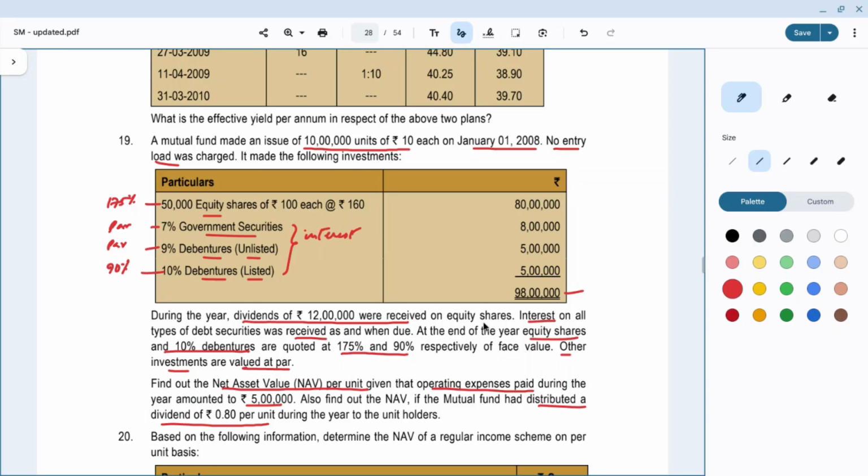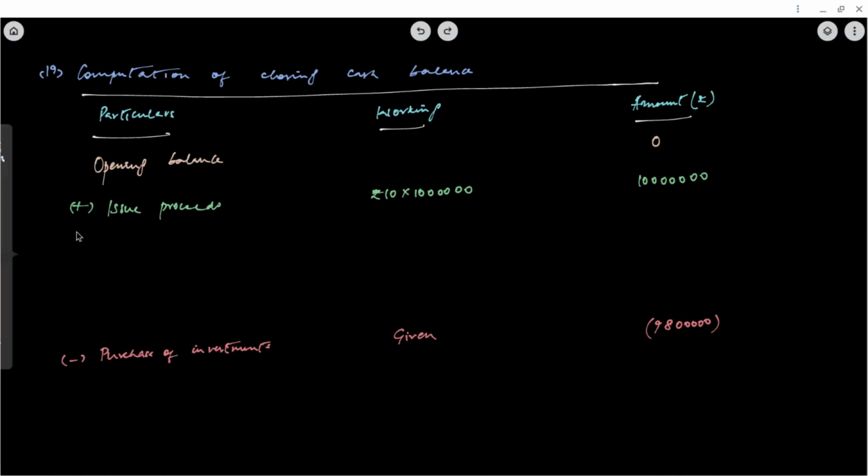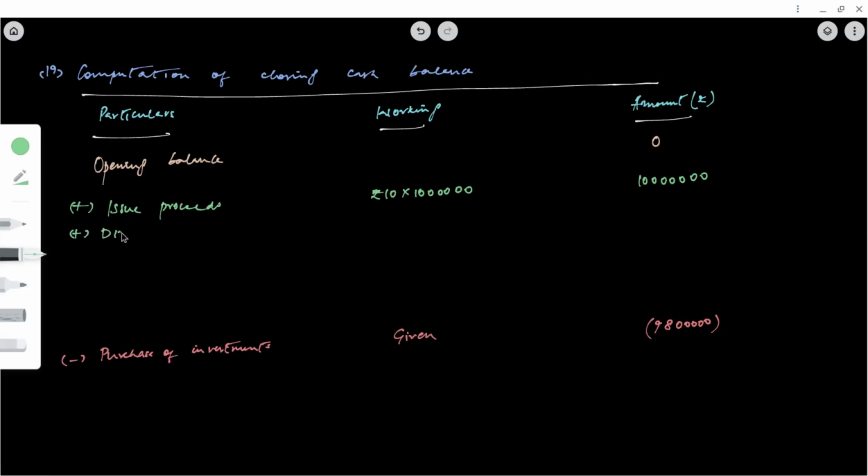Next, during the year, dividends of rupees 12 lakh were received, and interest on all types of debt securities was received as and when due. Dividends received, this is given. How much? 12 lakh.